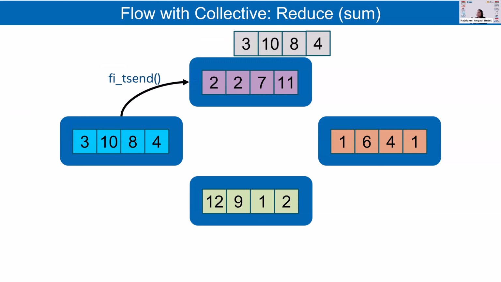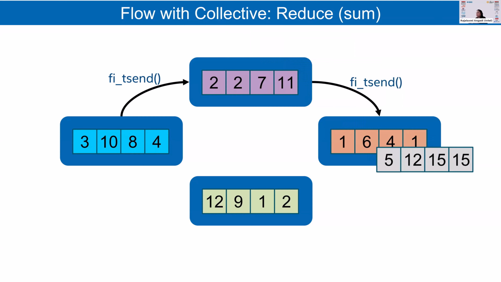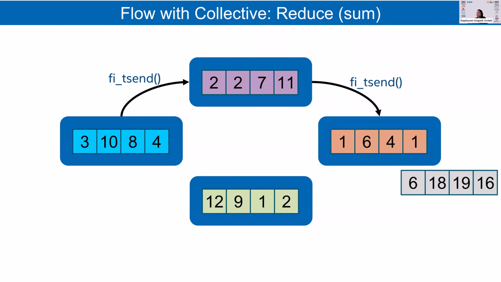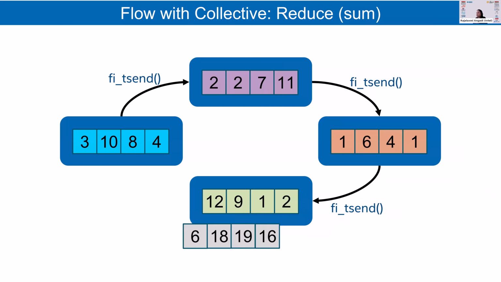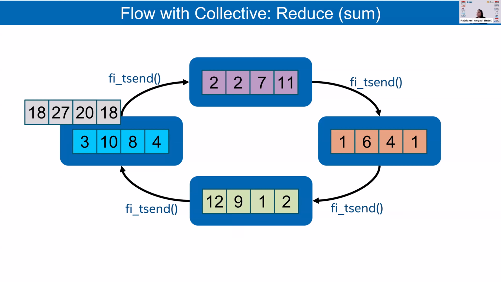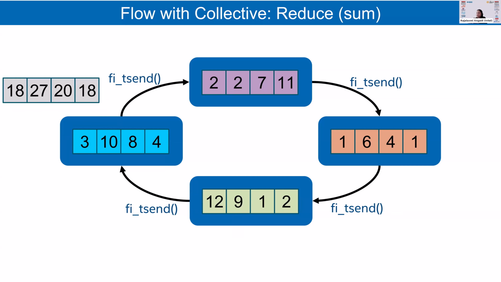The data is then operated on, and then it passes it to the next rank, and similarly it gets operated on, and then we again use APIs like tsend to transfer the data, and ultimately the root rank will receive the sum of the elements at the corresponding indices.